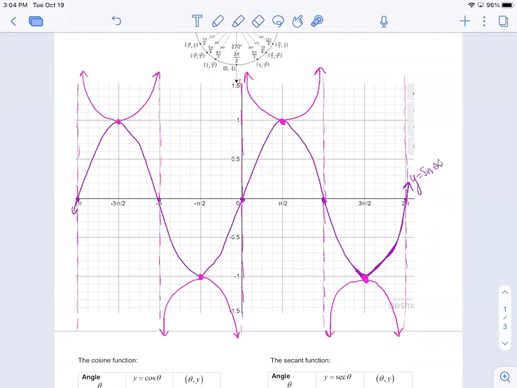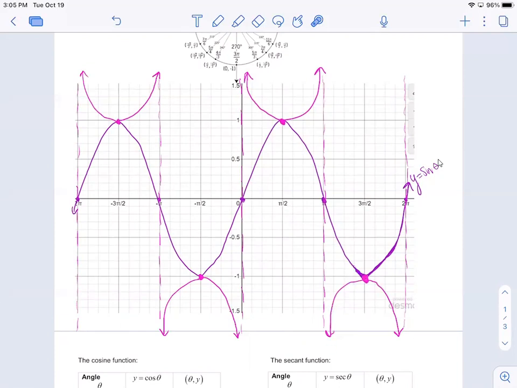Let me explain a little bit more. You're taking all of those y values and flipping them, and that's going to become all these outputs. If you take all these y values and flip them, it's going to become all this. And then down here, these are negative outputs, so if you flip them, they're still going to be negative.